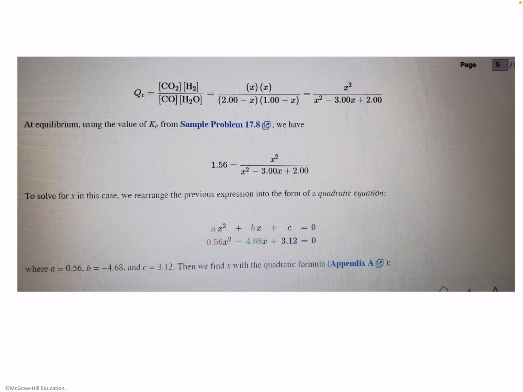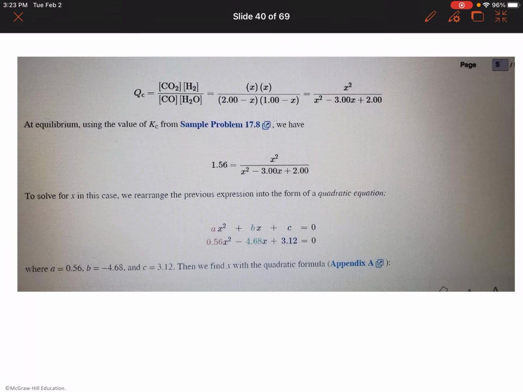Now to get the form of the quadratic equation, what you're going to do is multiply 1.56 with this expression. That would give you 1.56 x squared minus 1.56 times 3, which is 4.68. You can also do this calculation in your calculator and see you get the same number.